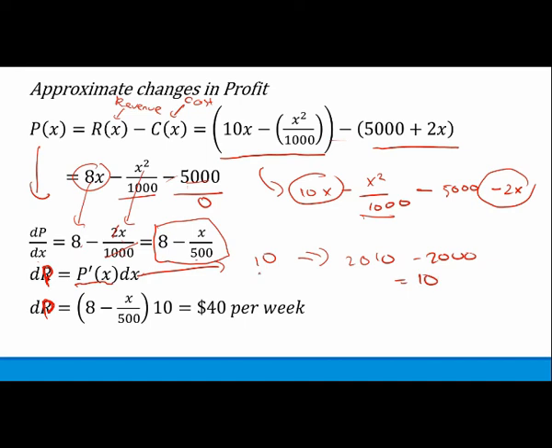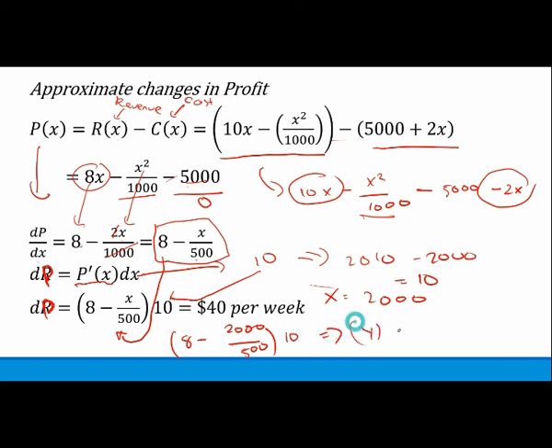We put this 10 in here, and we know that x is equal to 2000, so you just substitute: 8 minus 2000 divided by 500, multiplied by 10, and you get 4 times 10, which becomes 40, which is $40 per week.